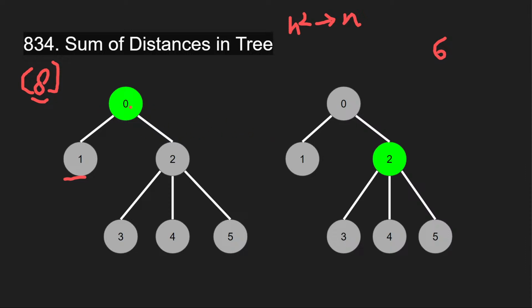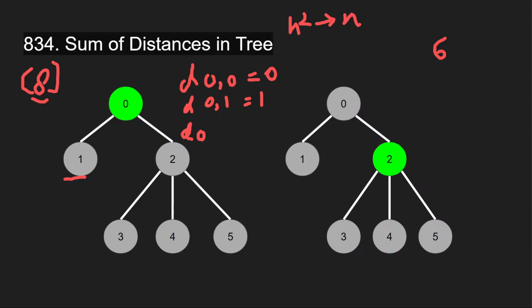This is node 0. After using node 0, let's do some preparations. The distance from node 0 to 0 is going to be 0. What about the distance from 0 to node 1? It's going to be 1. We just need to analyze the distances and maybe we can find a pattern. If we can find a pattern, we're going to use rerooting DP to solve the problem.